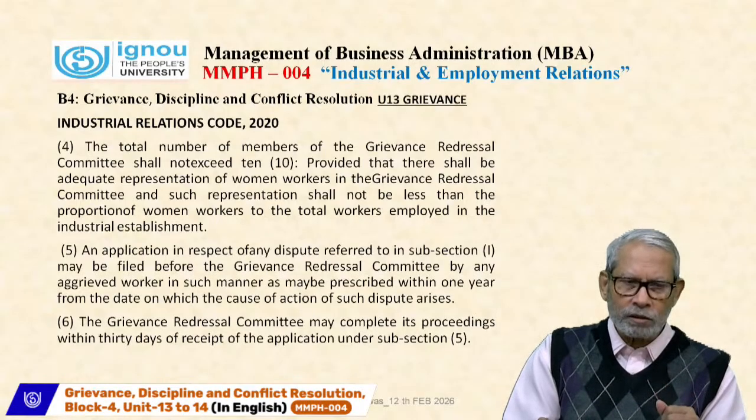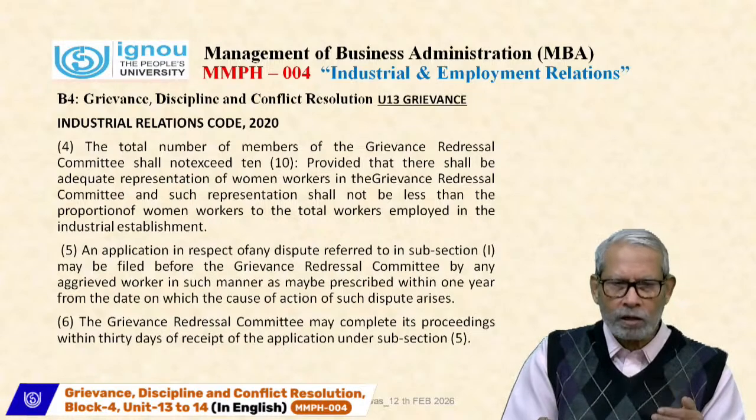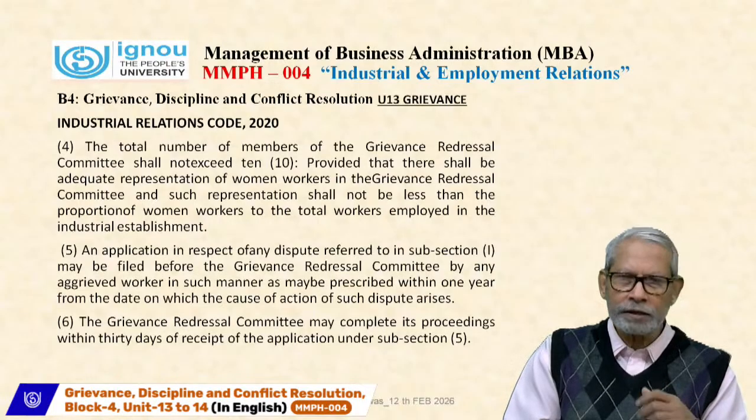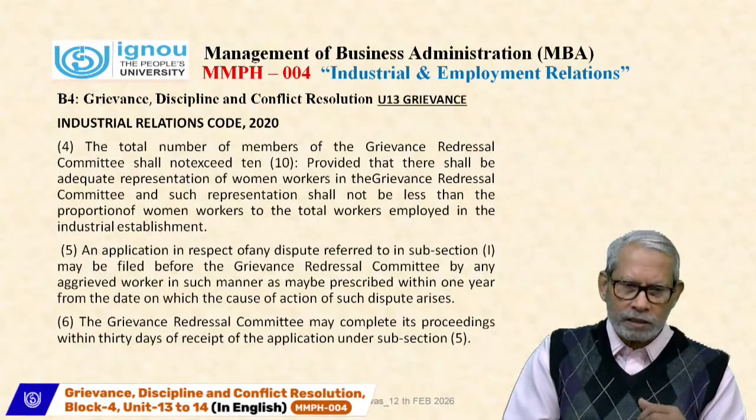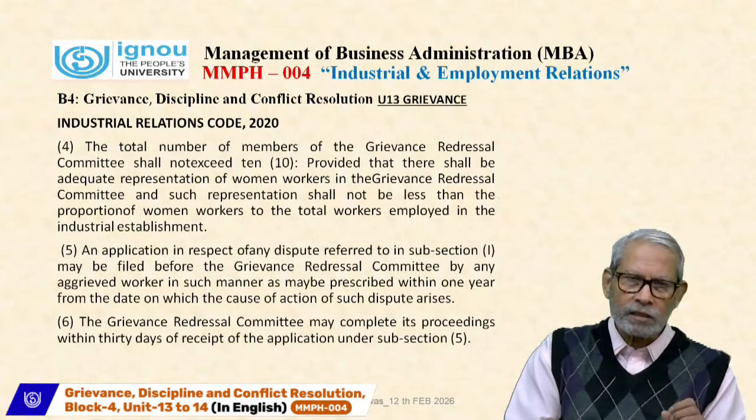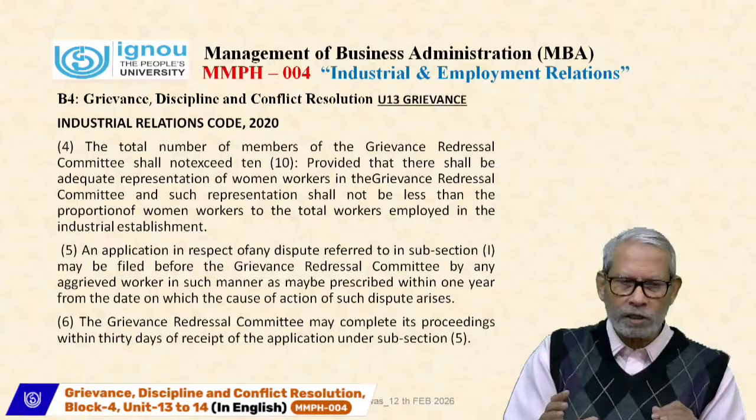An application in respect of any dispute referred to in the sub-sections may be filed before the grievance redressal committee by any aggrieved worker in such manner as may be prescribed within 1 year from the date on which the cause of action or such dispute arises.